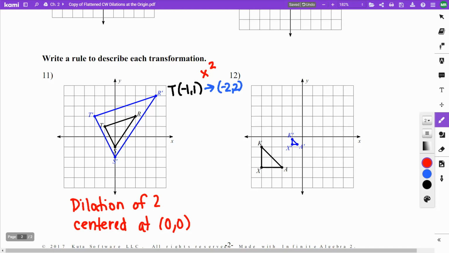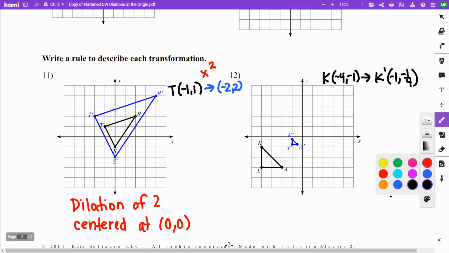And this other one here, if I'm looking at my original, let's say I look at K, it looks like K is at -1, 2, 3, -4, -1. And it looks like K prime is at -1, and I'm assuming it's going to be -1/4.